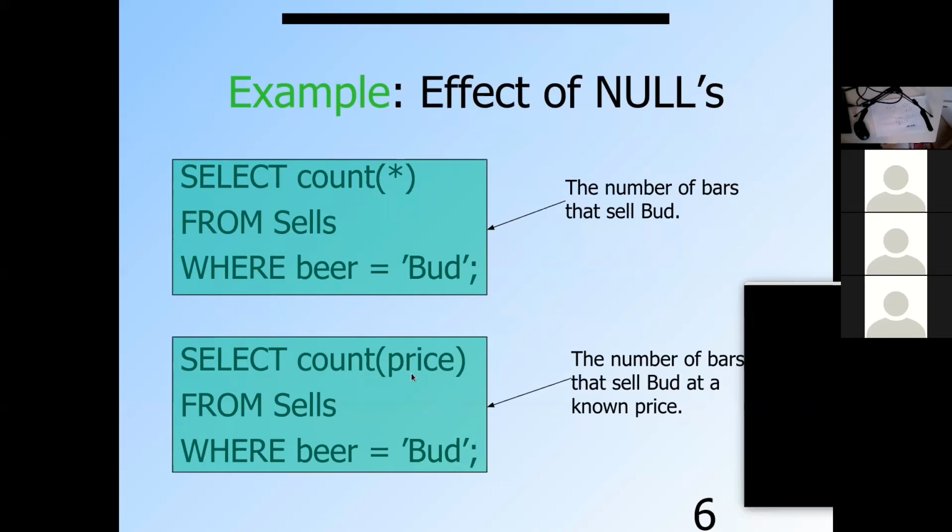PostgreSQL has some other ones, but the aggregate operators that are always there are count, average, sum, min, max. You're always getting those.